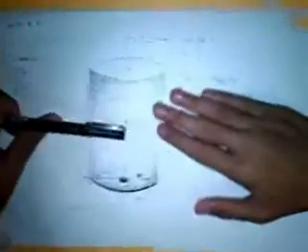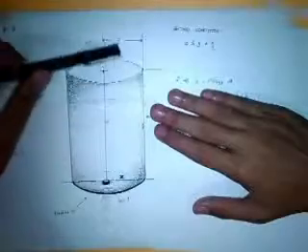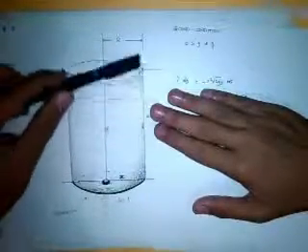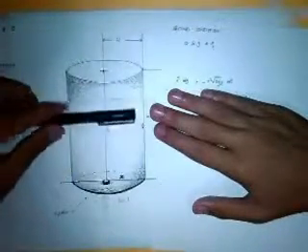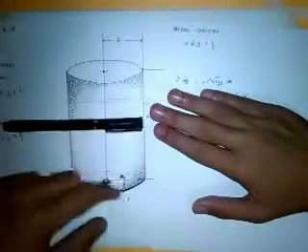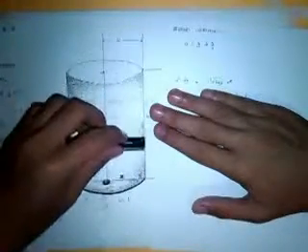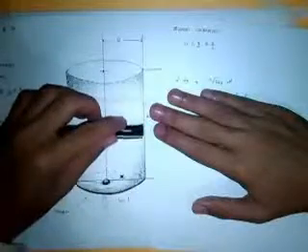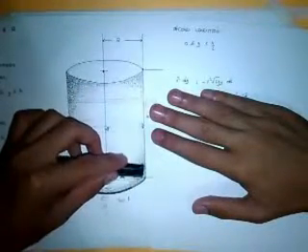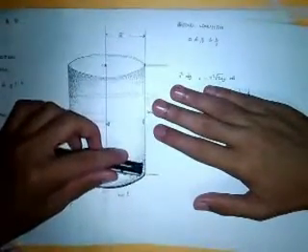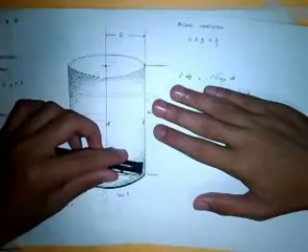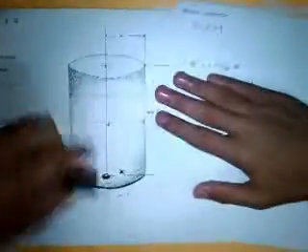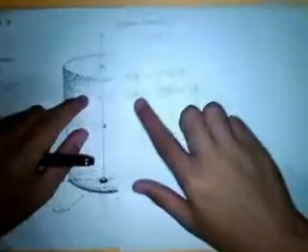As you can see, our x here is just r, because the water level, in terms of x, is just moving along these edges. That means it is constant, it's not instantaneous.